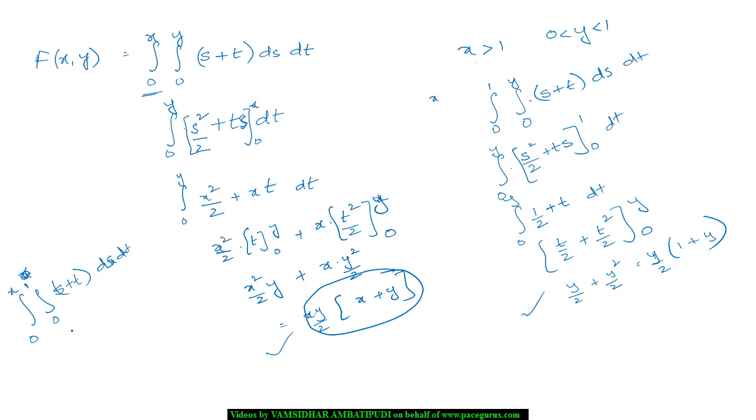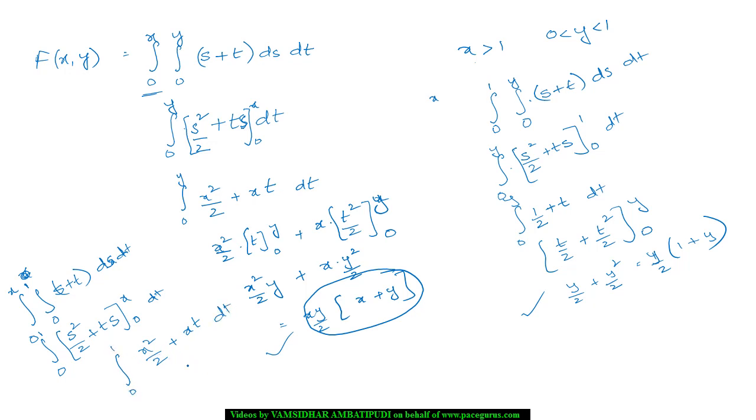So this is becoming s squared by 2 plus ts integrated between x and 0, and this is again from 0 to 1 dt. So making it x squared by 2 plus xt, integrated between 0 and 1.